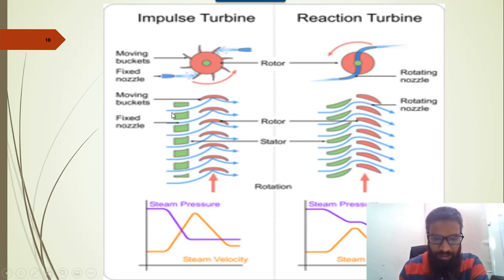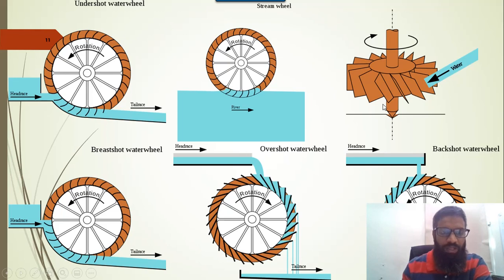In the impulse turbine, the water flow hits the paddles of the turbine, but in the reaction turbine it does not hit, it just flows in a certain direction, and due to the water pressure it starts rotating.